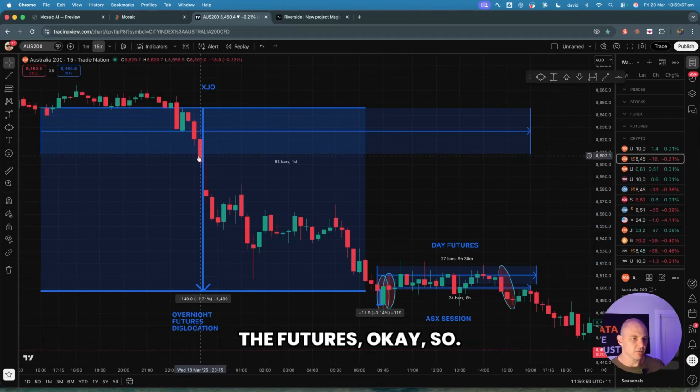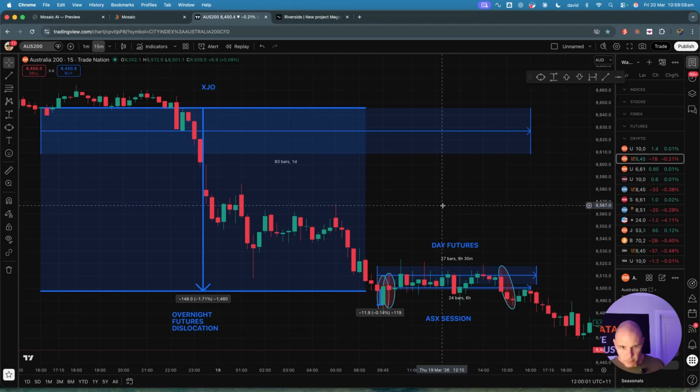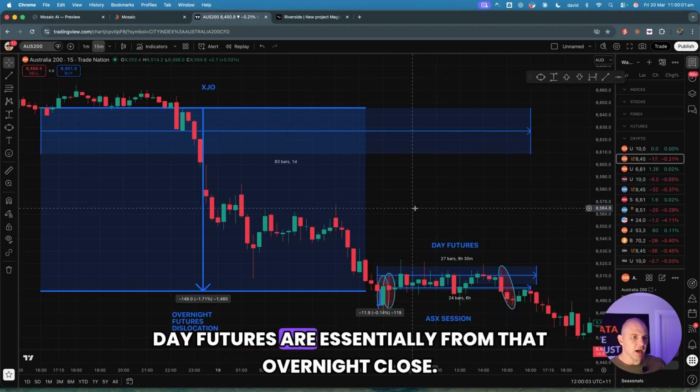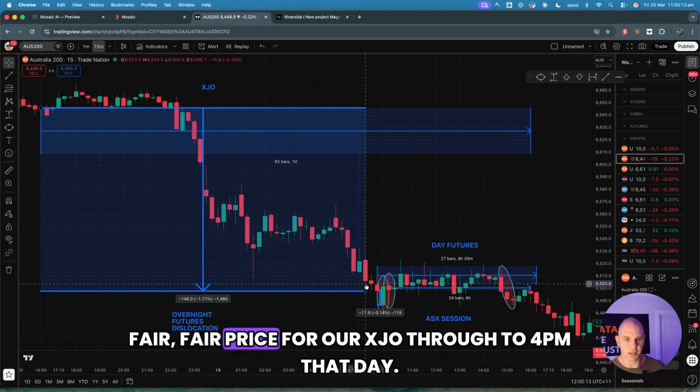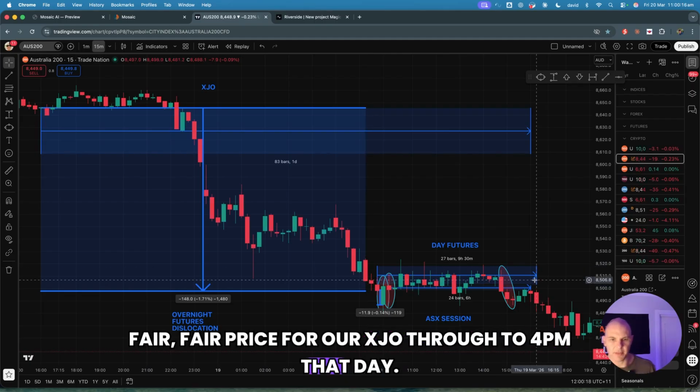The futures, okay, so day futures are essentially from that overnight close. Where the market speculators think is a fair price for our XJO through to 4 p.m. that day.